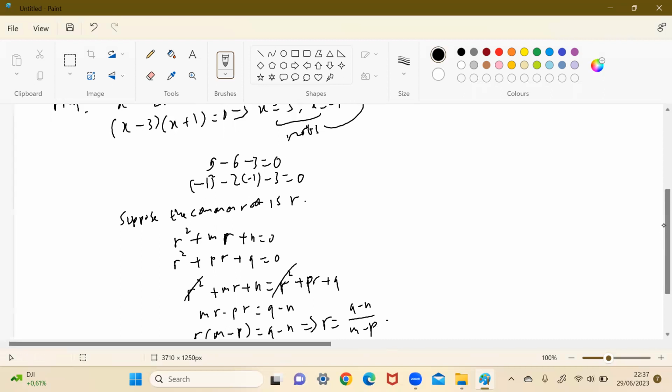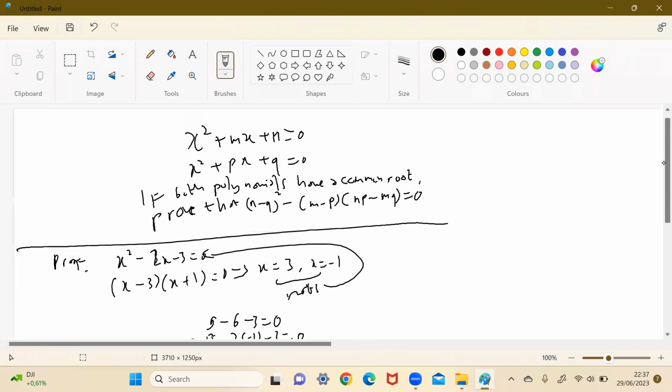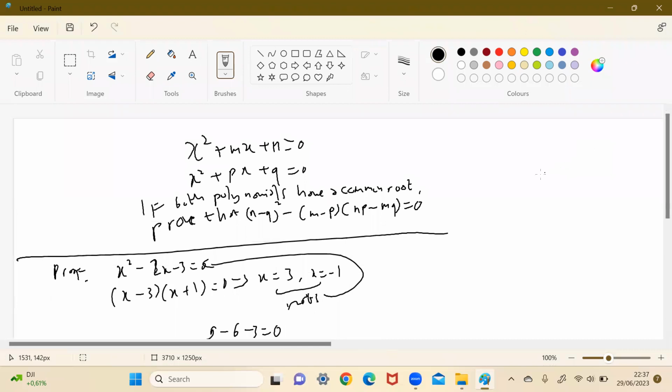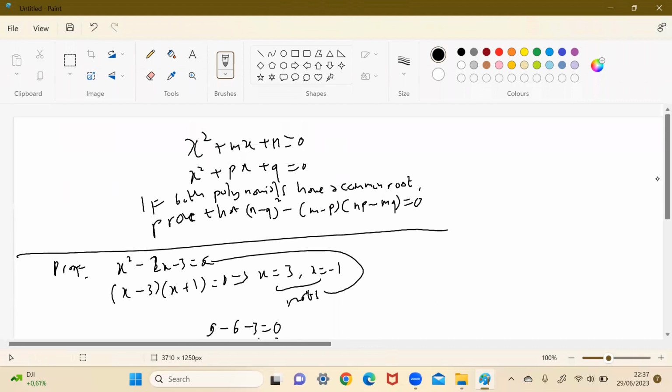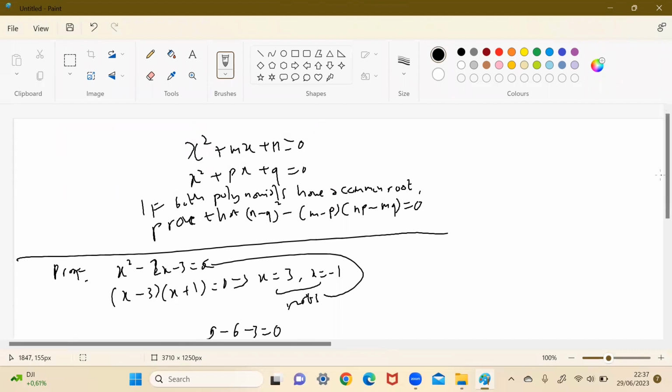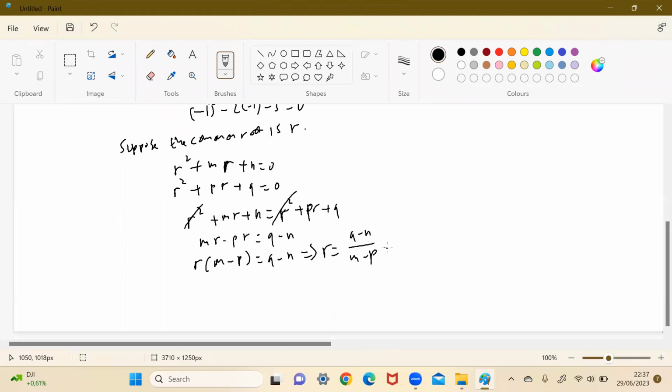Okay, so where do we go from here? Well, now that we know the common root, we can simply substitute it into one of the two equations. It doesn't really matter which you choose. For this demonstration, I'm going to show that if you plug it into the second equation, you'll obtain the desired result.